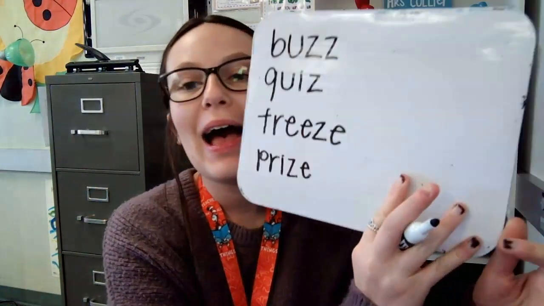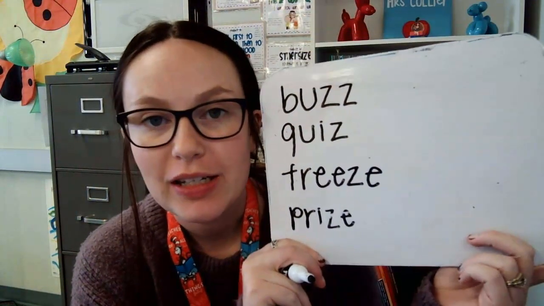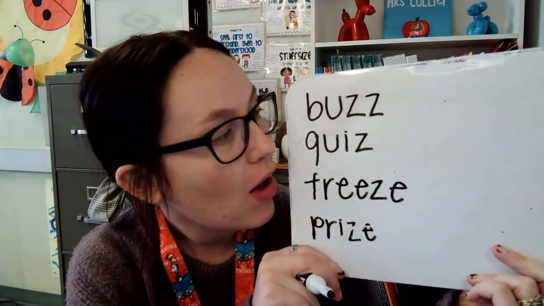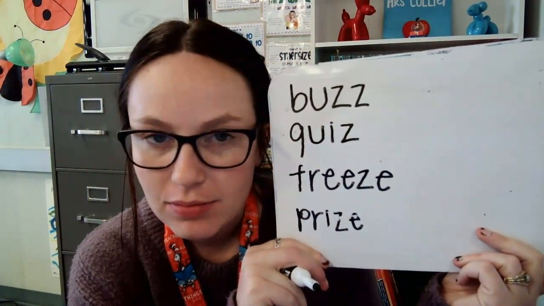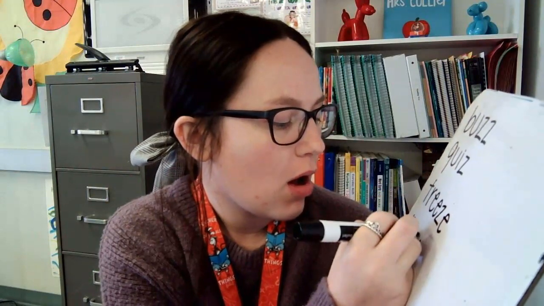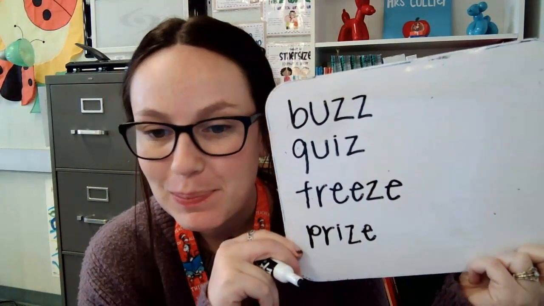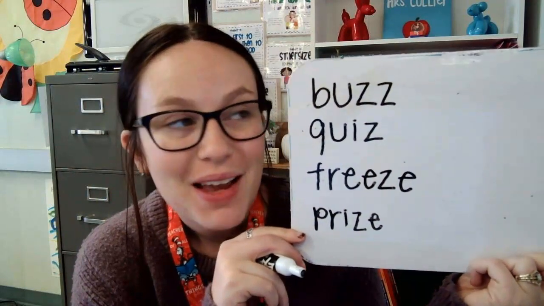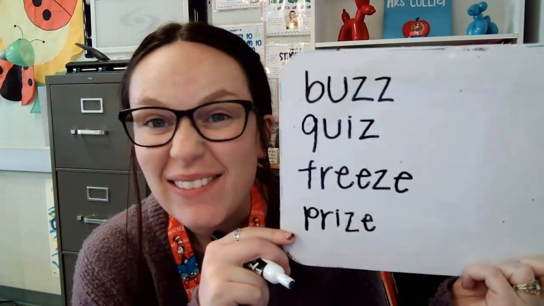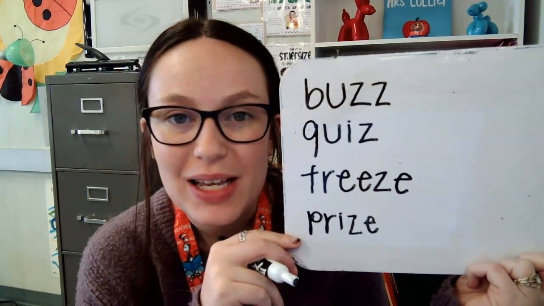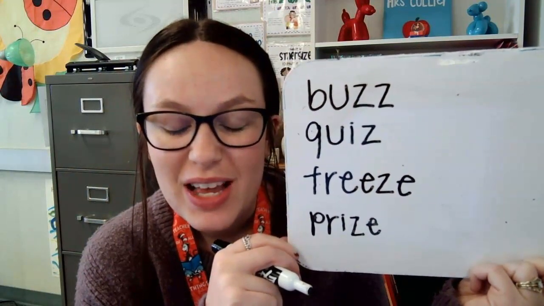So starting with the letter Z, I have some words that we are going to go over that all have something in common. Do you see what all of these words have in common? All of these words have a Z in them. So at some point in these words, they're all going to say Z.